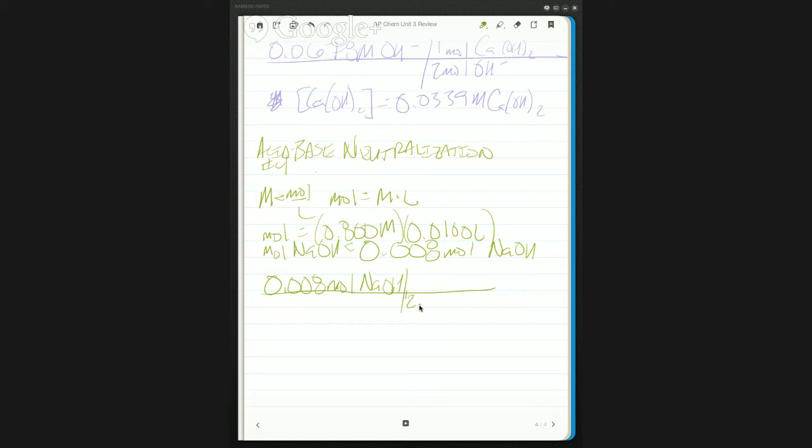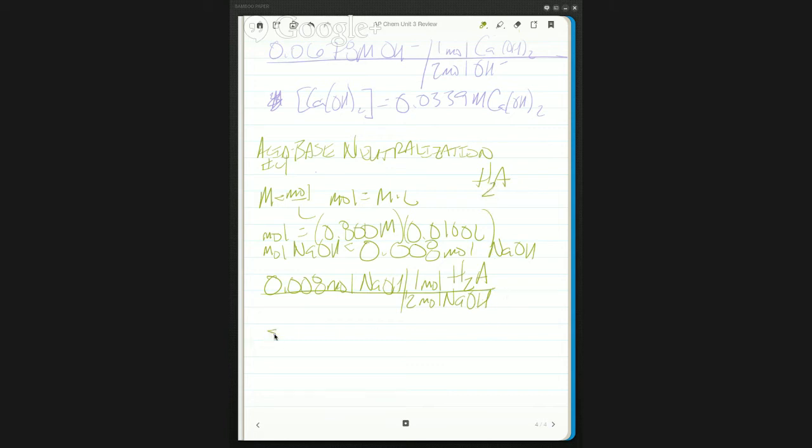For every 2 moles of NaOH, we have 1 mole of, we'll call it H2A. That's an acid. Generally speaking, a generic acid is just HA, except that it's a 1:2 ratio, which means this has 2 H's.